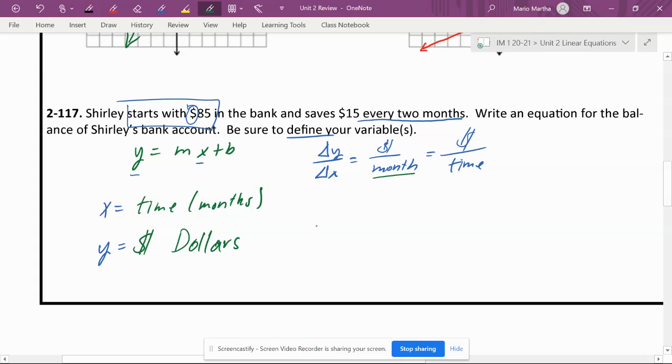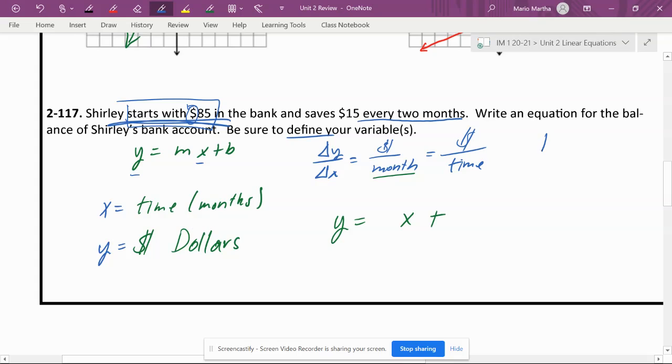So here in this case, we're going to write the equation. So it's going to be y equals. Again, we want to identify what's m and what's b. Given the information right here, it says Shirley starts with $85. That word tells me that this is the initial value, which would be our b.